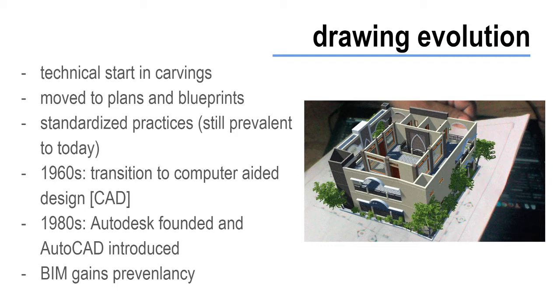A lot of studios and firms will use a combination of AutoCAD and a BIM software, whether that be Revit or another type of software. I know Scythe is another one that's getting big.